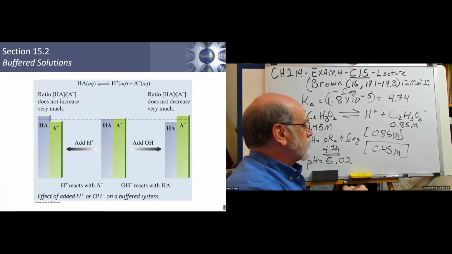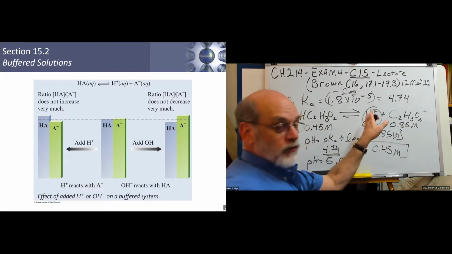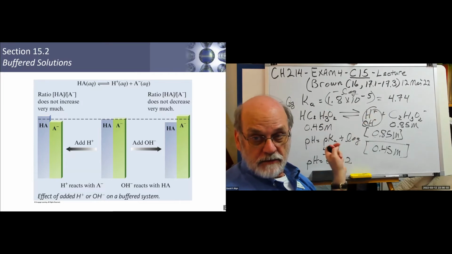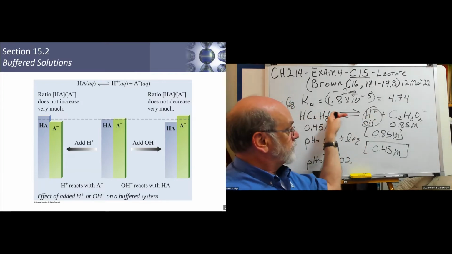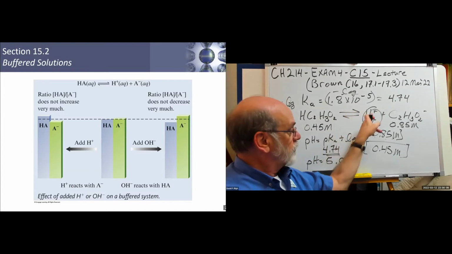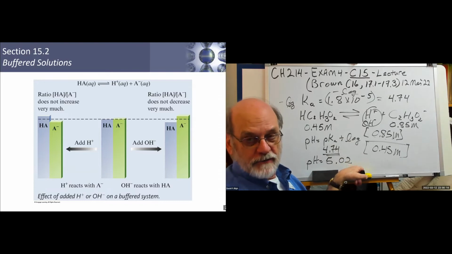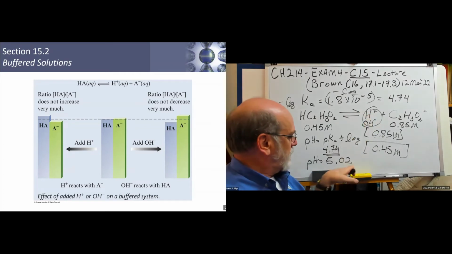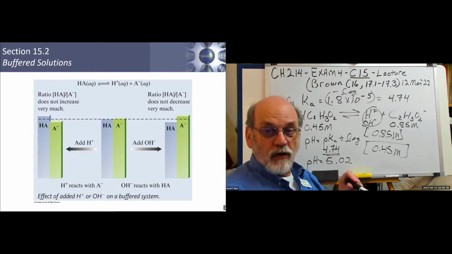Well, when you add hydroxyls here and remove some of those hydrogen ions from this equilibrium situation, then Le Chatelier says it's going to shift to the right to replace some of those hydrogen ions. So that will stabilize the pH also. Only it won't put all of them back, which means that the pH will increase slightly. Okay? That's how a buffer works.